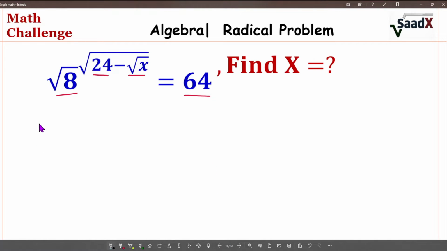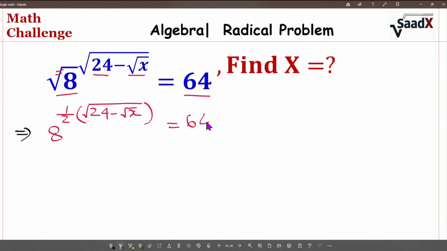Let's start. First, we want to omit this root sign. So we can write 8 to the power 1 by 2 times root 24 minus root x equals 64.